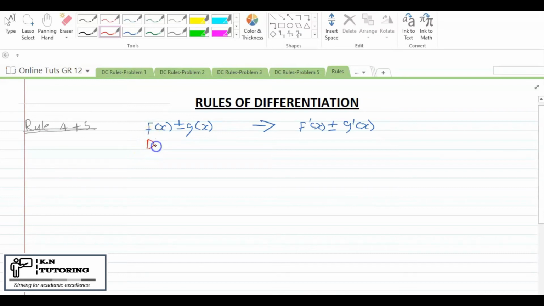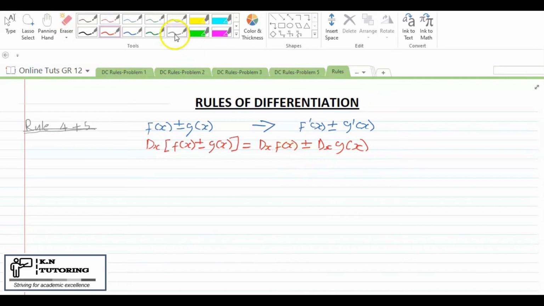You say when you have d/dx of f of x plus or minus g of x, then the derivative is just going to be equal to, you differentiate your f of x first, then you differentiate your g of x after, and then this will complete your solution.